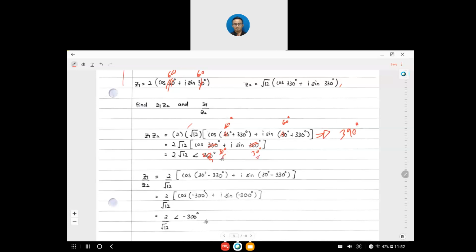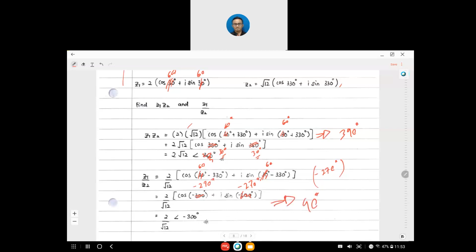Okay. And then for Z1 divided by Z2, so this one also same thing, 60 ni. This one is 60. Okay, 60 minus 330. Okay, so you can get negative 270 degree. Kan? Okay, here, negative 270 degree. Okay, negative 270 degree, the reference angle is 90 degree.